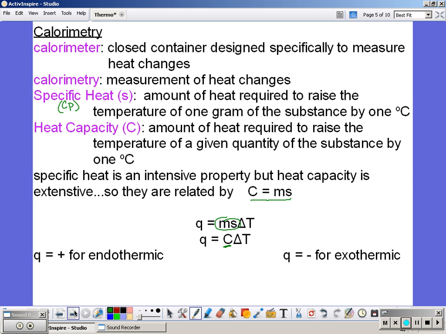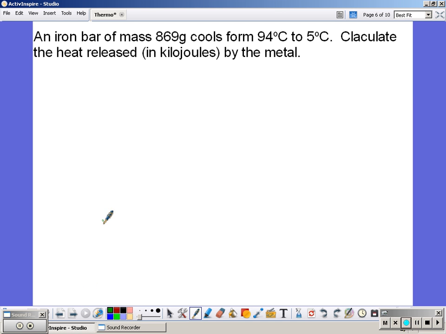If we look at our example, an iron bar has a mass of 869 grams and it cools from 94 degrees Celsius to 5 degrees Celsius. So delta T, final temperature minus initial temperature, would give us negative 89 degrees Celsius as our change in temperature. We want to calculate the heat released in kilojoules by the metal.